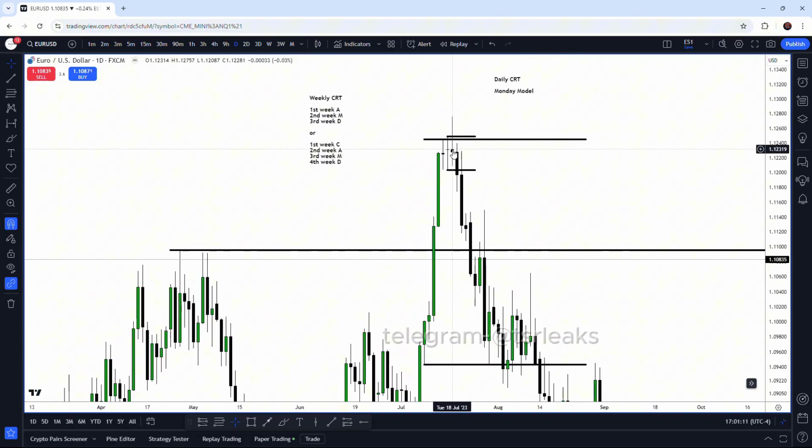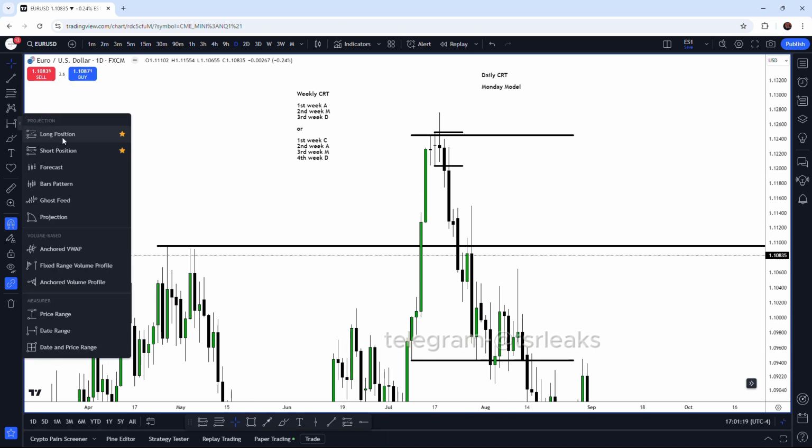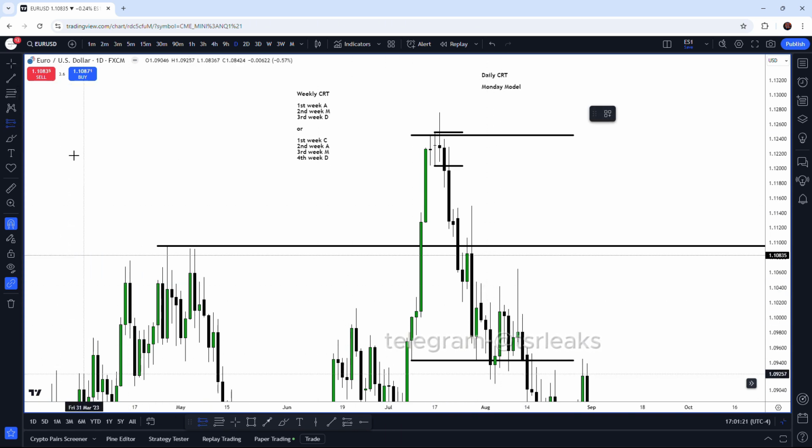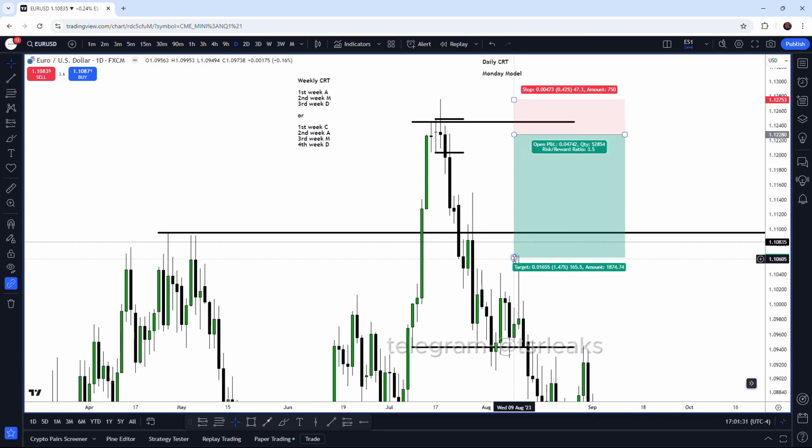Okay. Just with this Tuesday's close alone, you could have entered short, targeting the opposing end of what range? The weekly CRT range. And your entry and stop loss would have looked something like this.